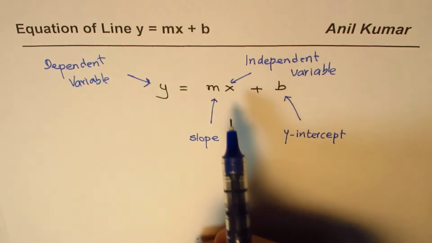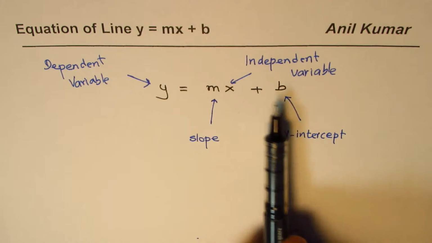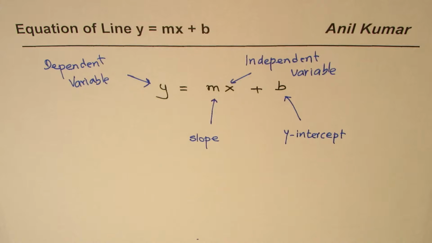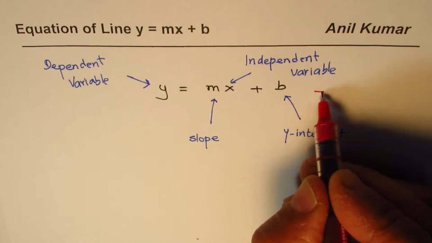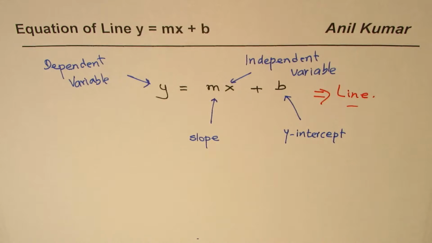So the relation between the independent variable and the dependent variable is y = mx + b, and it really represents a line when you graph. That is how we can understand this particular equation, y = mx + b.